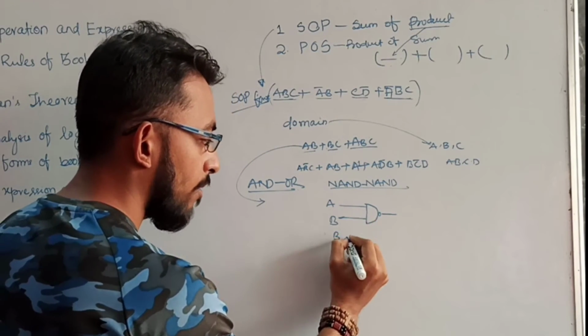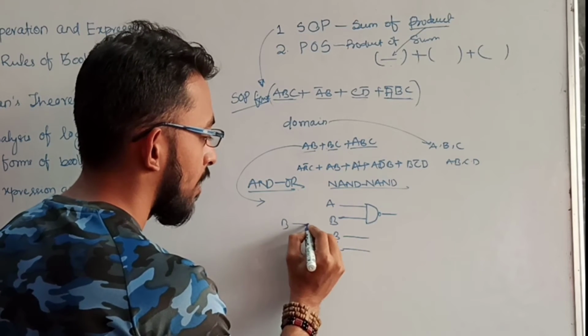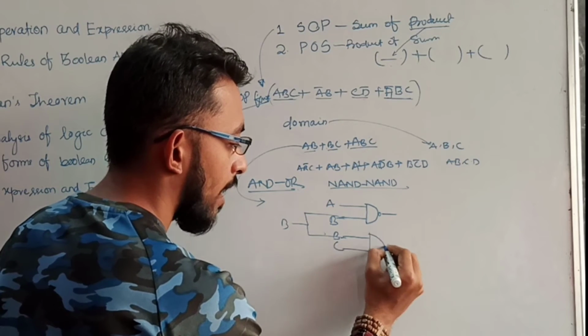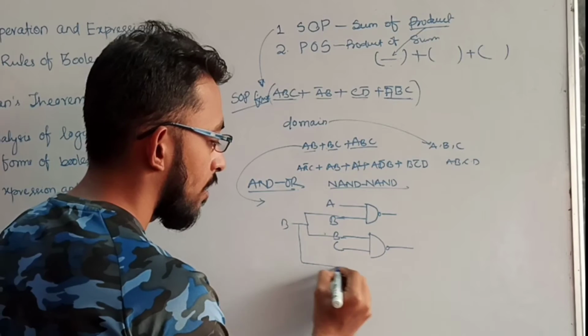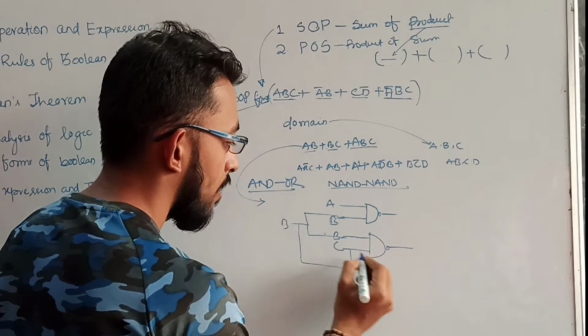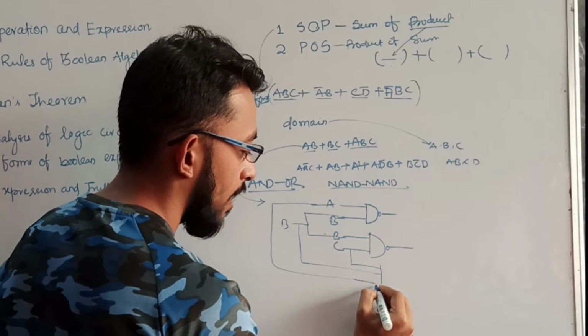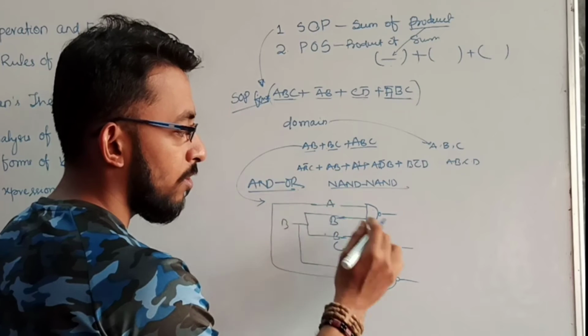You can take from here, and just for simplification I am doing it again. I am taking one B input over here, one B from here. So this is another NAND gate. And the third one is A, B, C. Here A, here B, C. Then again applied to a NAND gate. So this is the first NAND operation.